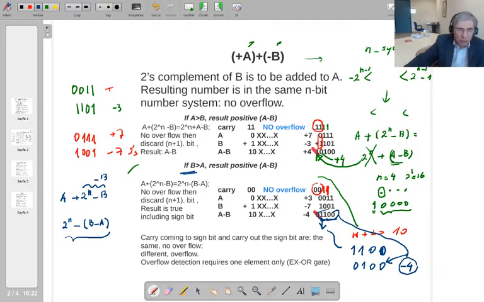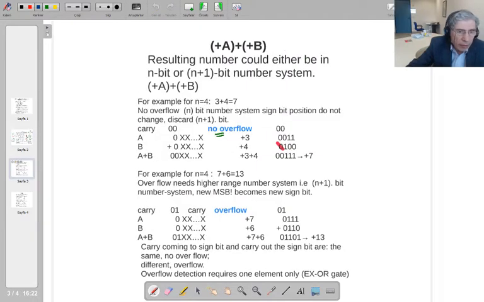So what is the next one? The next one is the b plus b case. That means both of the numbers are positive numbers. What happens? There are two cases that for this example I can say easily.